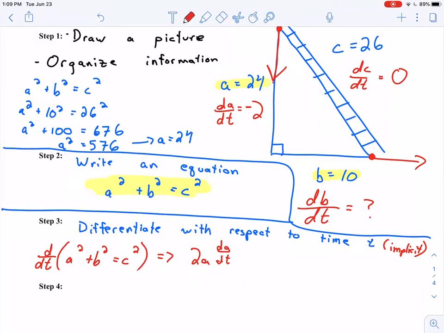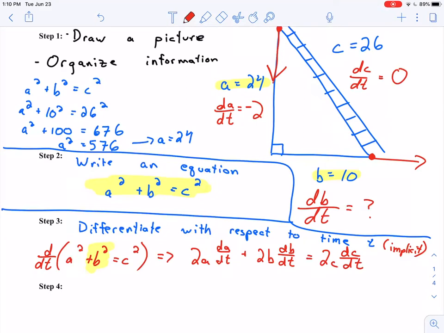So I have 2a dA/dt plus 2b dB/dt. Again, I'm just taking the derivative of b squared, which is how I get 2b, and I'm taking the implicit derivative with respect to time, so I have to multiply that by dB/dt. Lastly, the derivative of c squared would be 2c, but again, I'm using implicit differentiation here, so I need to multiply that by dC/dt.